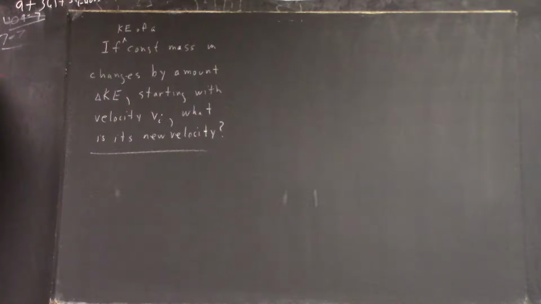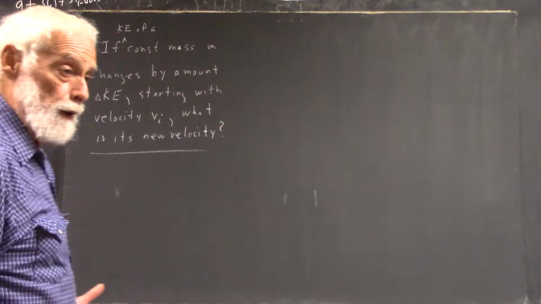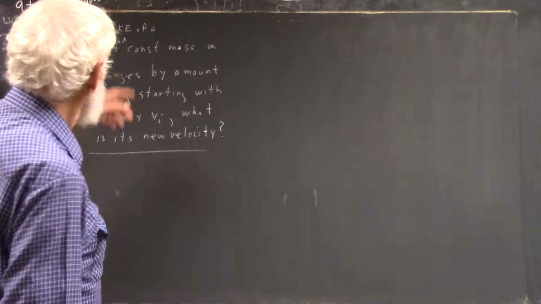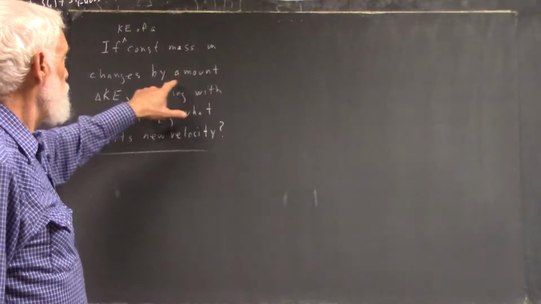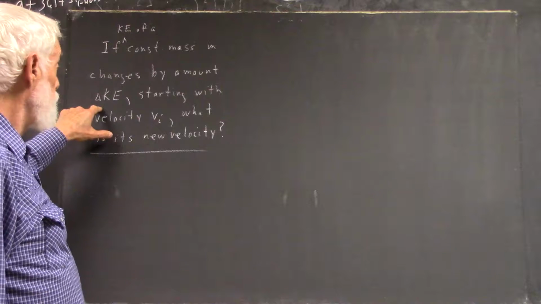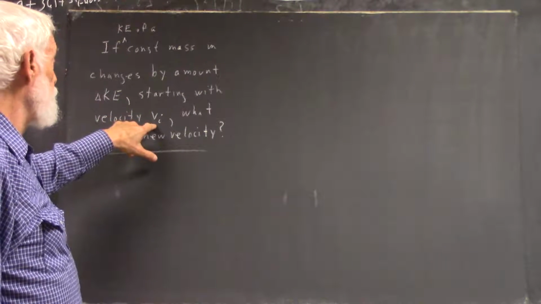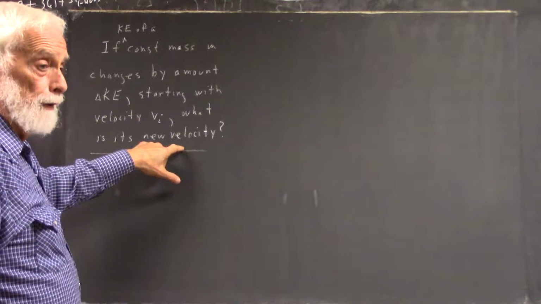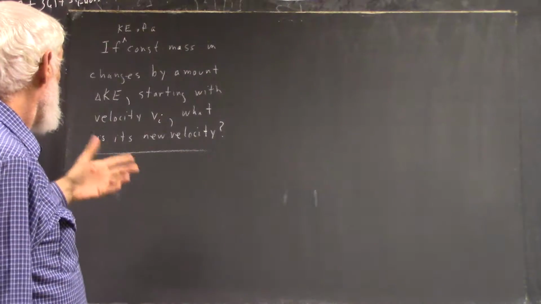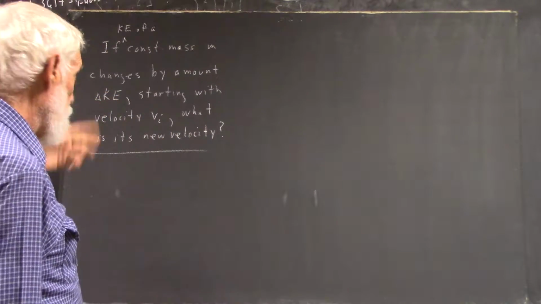Okay, one thing we can do with the idea of kinetic energy: we can say that if the kinetic energy of a constant mass m changes by amount delta KE, starting with velocity v sub i, what is its new velocity? Okay, so can we answer that question?